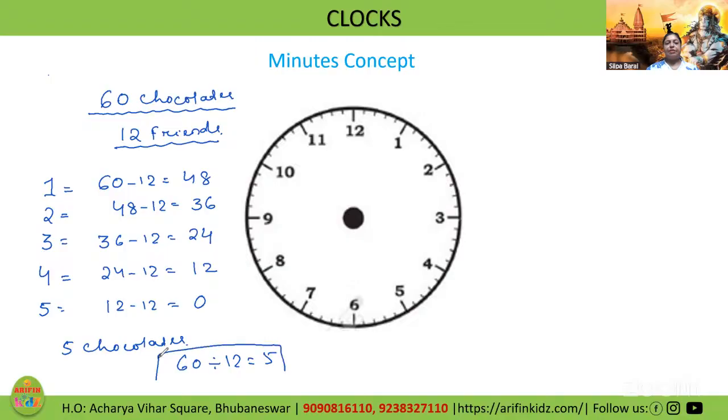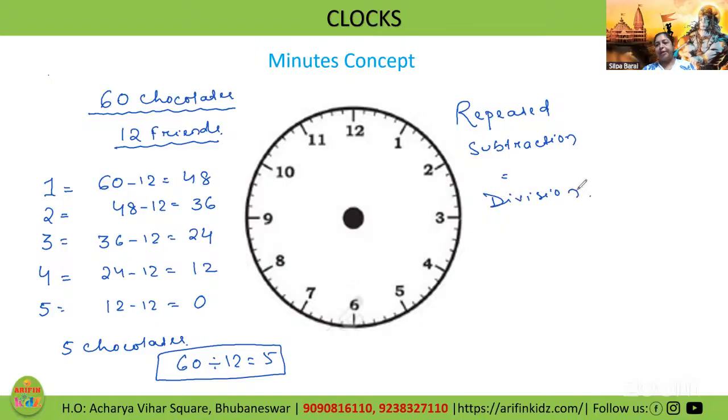Suppose you know division, this is the direct answer, beta. Suppose you don't know division, I don't have to teach you division right now. I have to teach you the minute concept. So I gave you this thing. All of you know, this is simple, beta, repeated subtraction. Always remember, beta, repeated subtraction is called division. We have to understand everything, right? Whether you know it or not, you will learn later, but you should be clear.